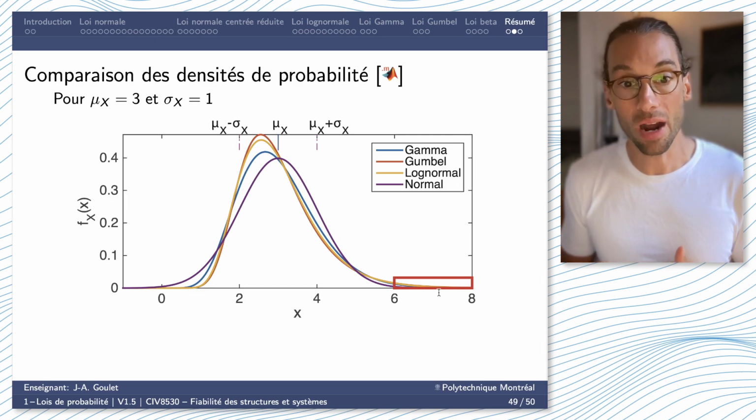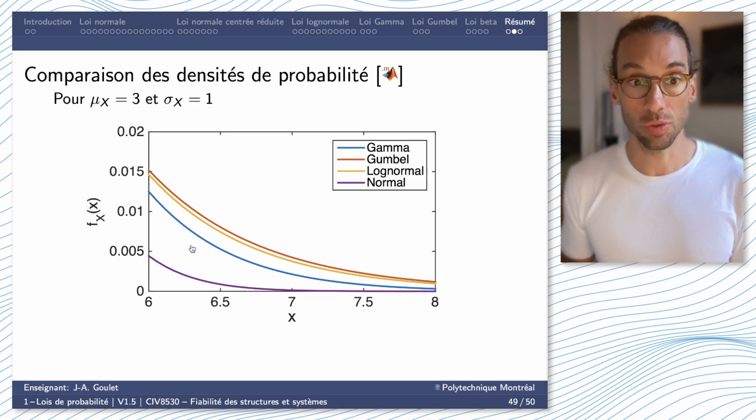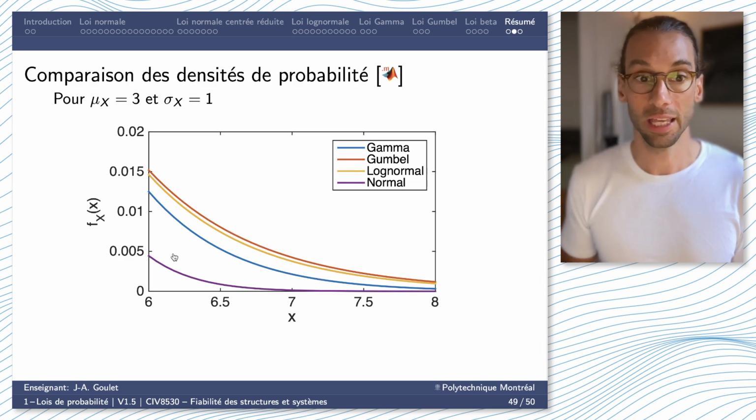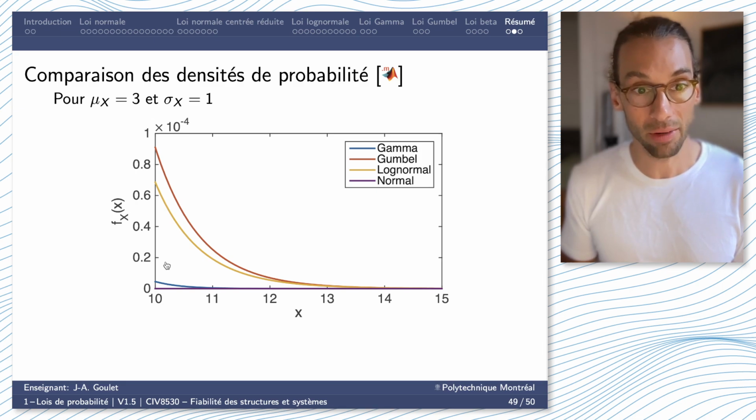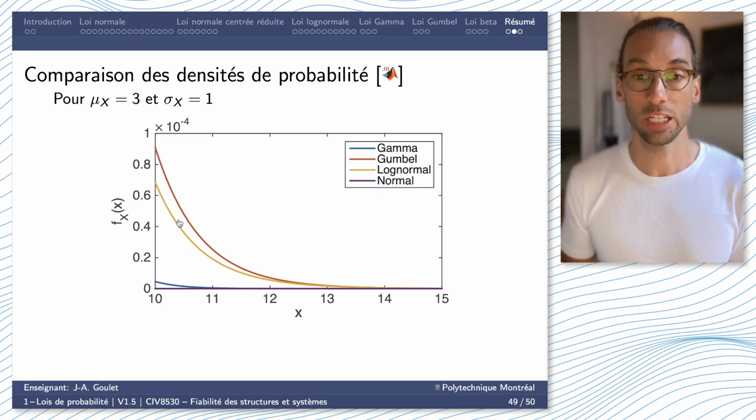These are rare events occurring in the tail of the distribution. If we zoom in, we're going to see that the tails are drastically different depending on the probability distribution we choose. Look at the normal: this is the one that has the lowest content in the tail. If we go further out in the tail, we see that the discrepancy is even more expanded.